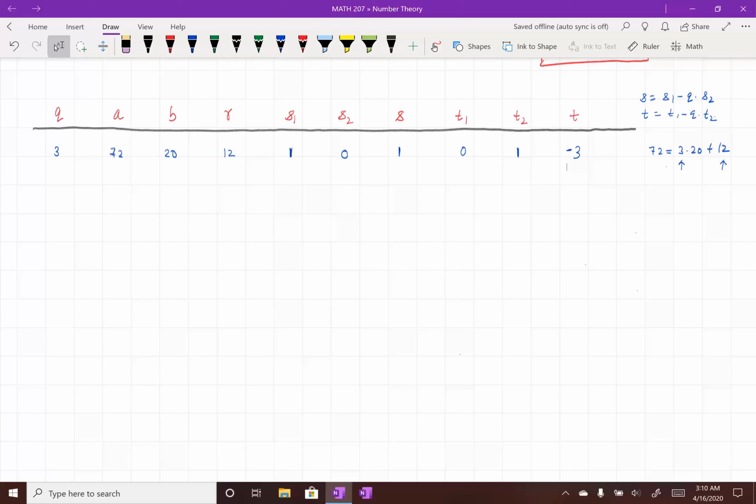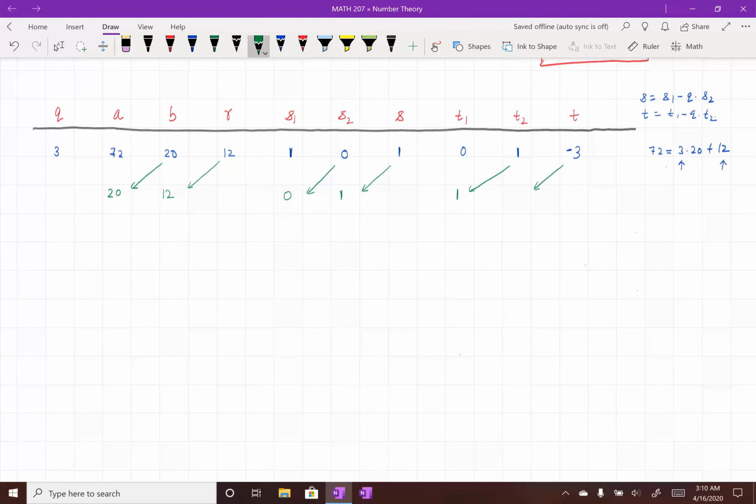In the second step, first you do the shifting. The B will become your new A, so A is 20 now. Your remainder becomes the new B, so B is equal to 12. The S2 will become S1, which is 0. The S will become your S2, which is equal to 1. The T2 will become your T1, which is equal to 1.